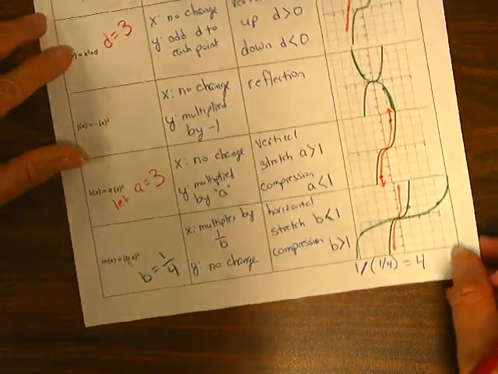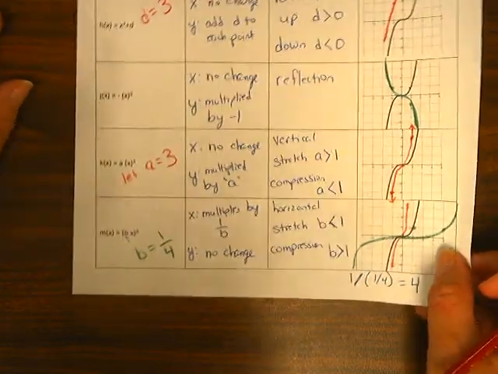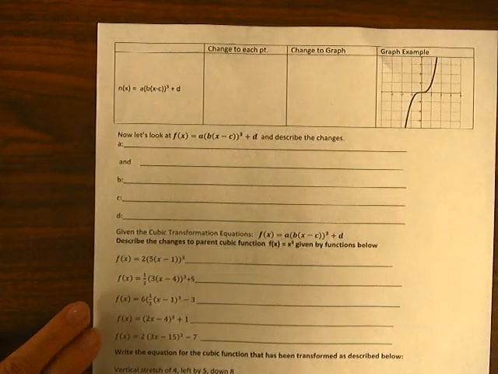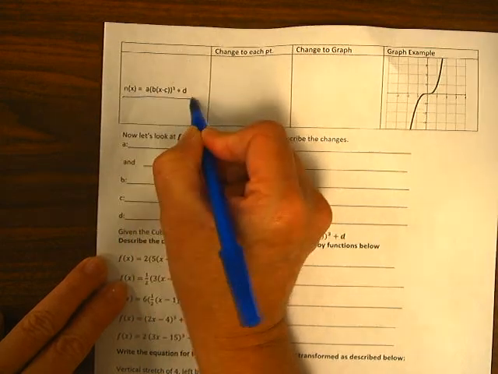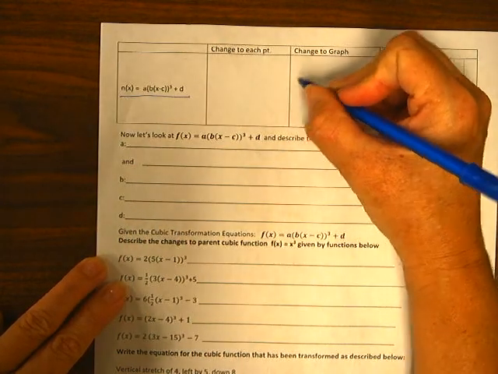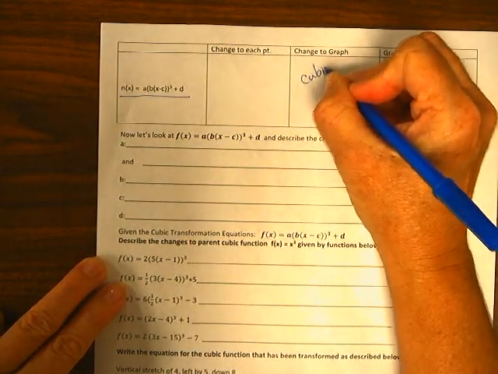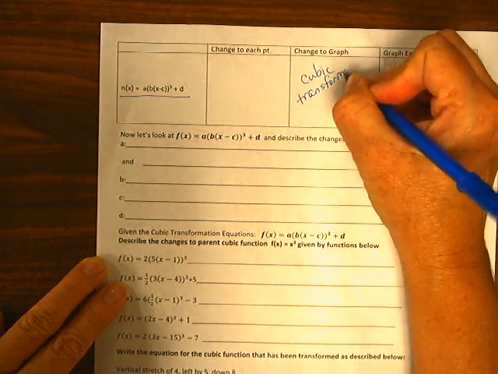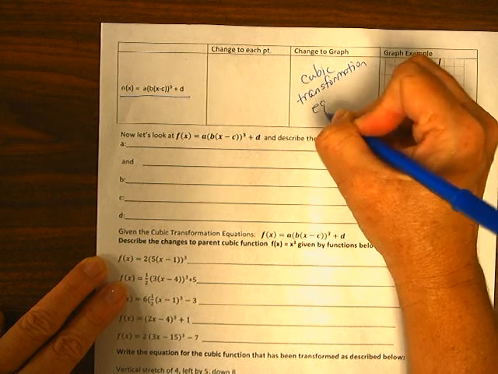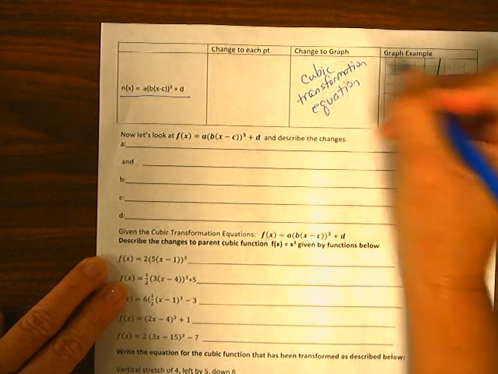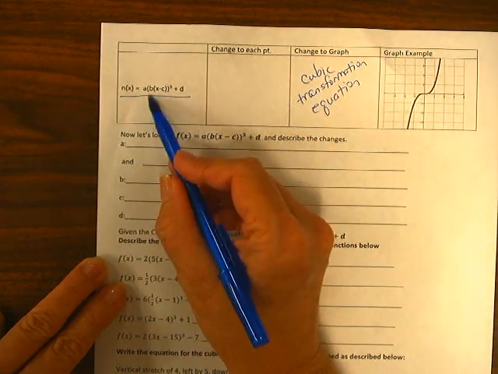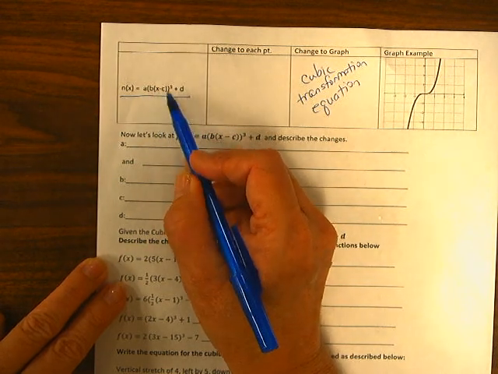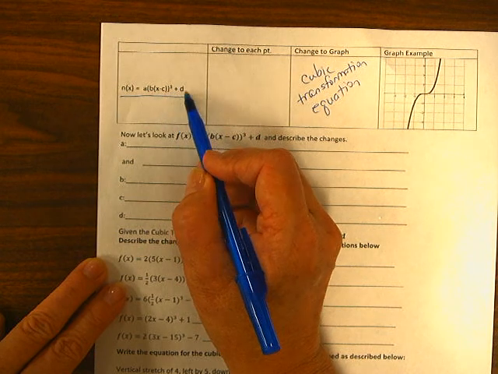Okay, let's flip over to the back side and give this a shot. Okay, that top line is just giving you our cubic transformation equation. So a parentheses b parentheses x minus c close parentheses cubed plus d.